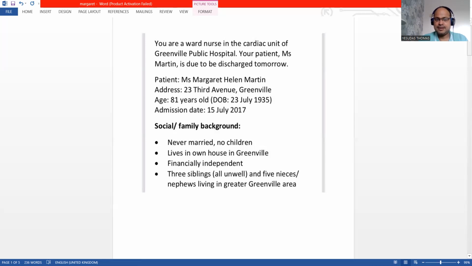You're a ward nurse in the cardiac unit of Greenville Public Hospital. Your patient, Miss Martin, is due to be discharged tomorrow. This is an old lady, 81 years old, and she got admitted today, that's on 15th of July, 2017.